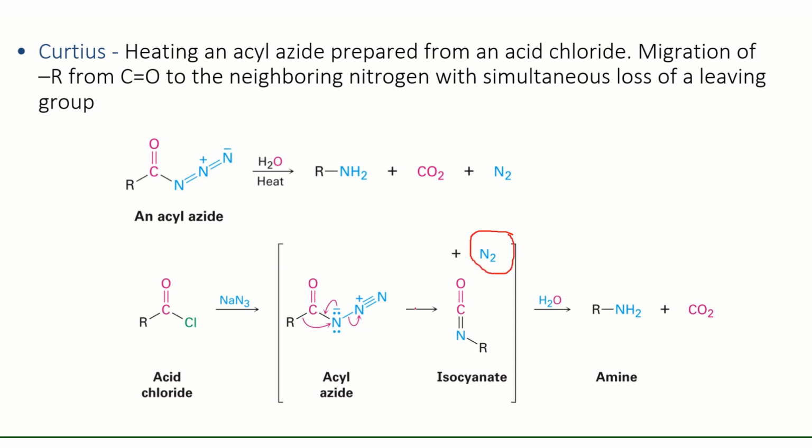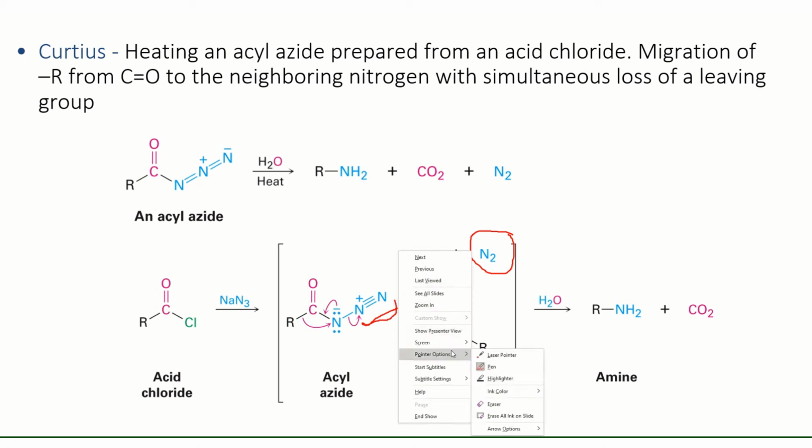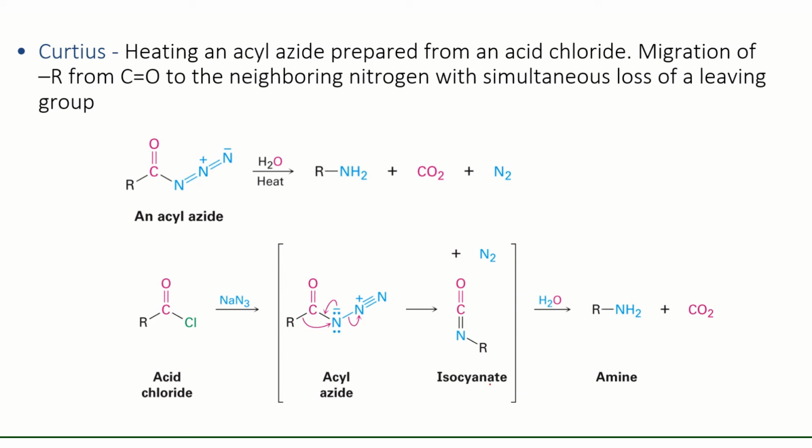I mean, once you see azide, you know there's going to be some sort of release of the very, very, no, I shouldn't say powerful, stable dinitrogen. Again, once the dinitrogen is released, we get the isocyanate, and then of course we end up with the amine and the carbon dioxide.